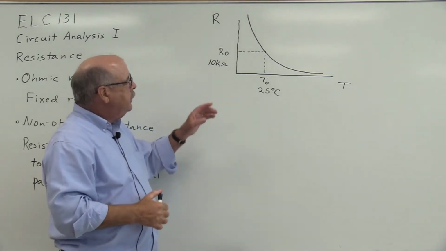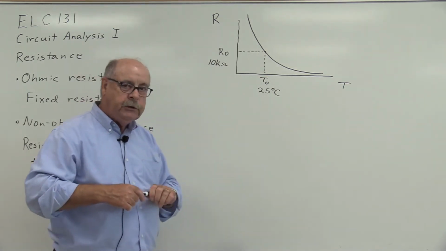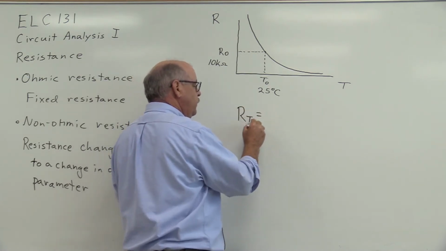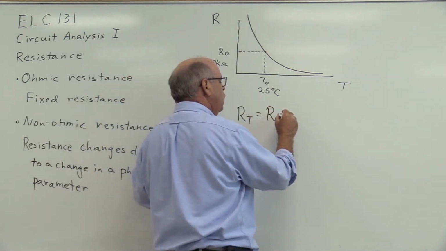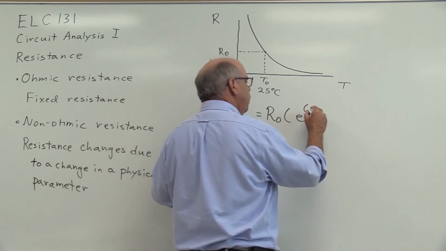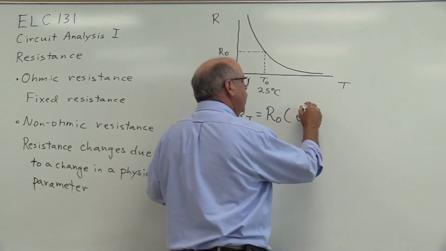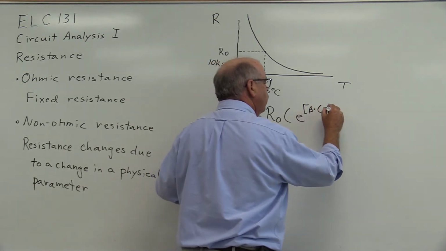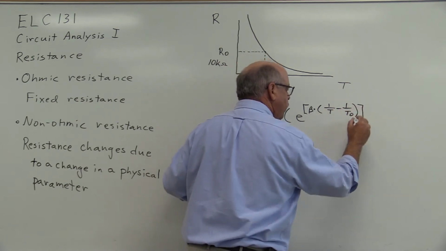Now, there's an equation that describes this function, the change in resistance as a change in temperature, and that equation is that RT, the resistance at some temperature T, equals R sub O times e to the beta times (1 over T minus 1 over T sub O) power.